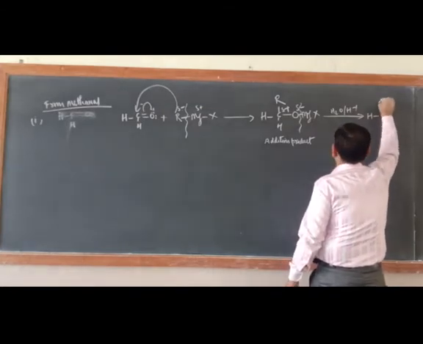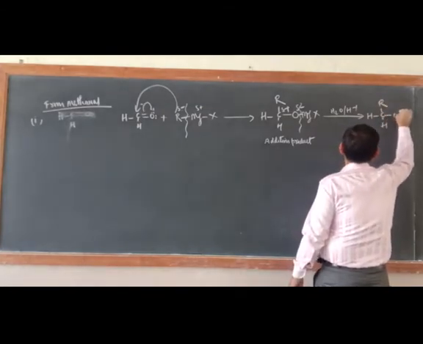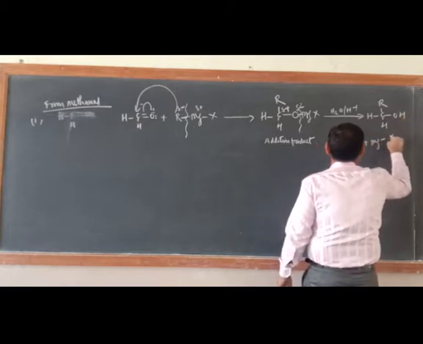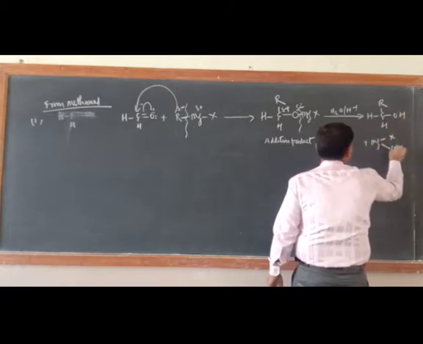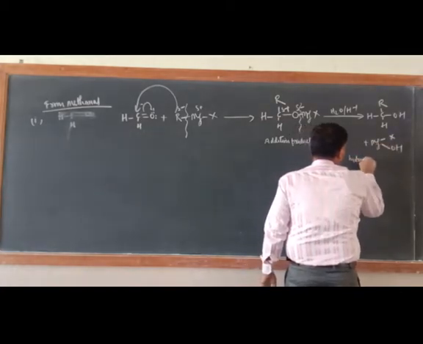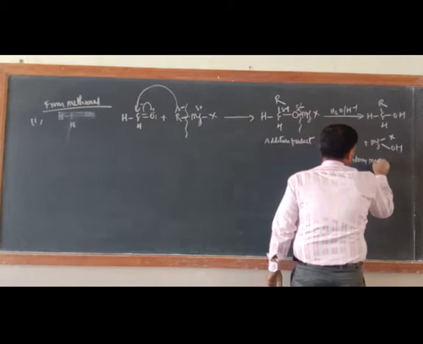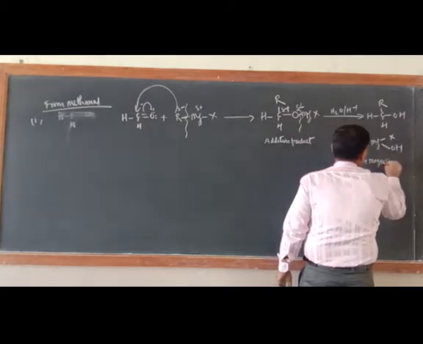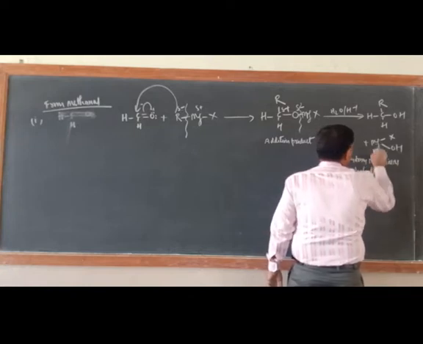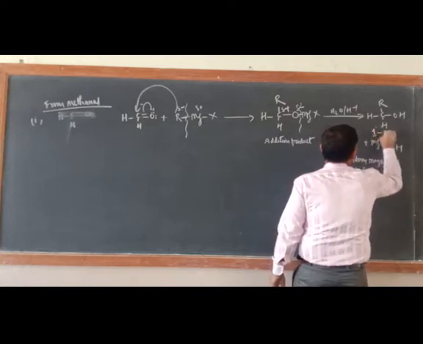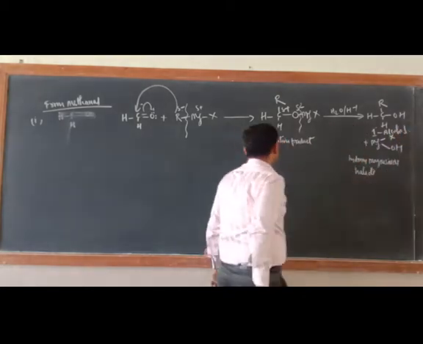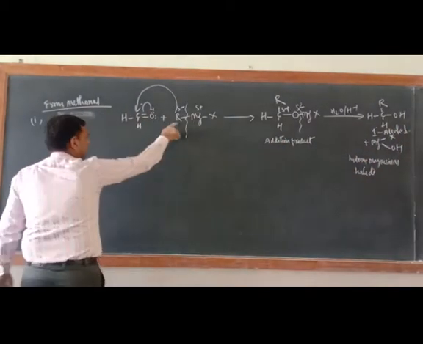HCH, here R, here OH, and MgX with OH, which is hydroxy magnesium halide. And this is 1 degree alcohol.